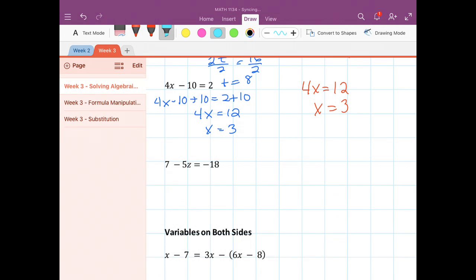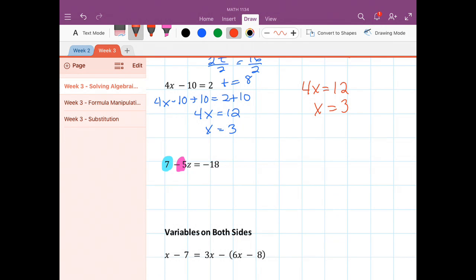Okay, last one. Here I have a 7 and a times 5, times a negative 5, actually. So in this case, the 7 is the easiest to get rid of first. So I want to subtract 7 from each side, because remember, that 7 has a plus in front of it. It's being added.